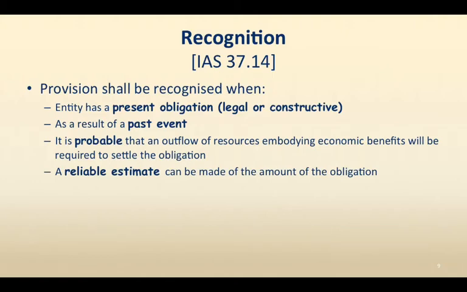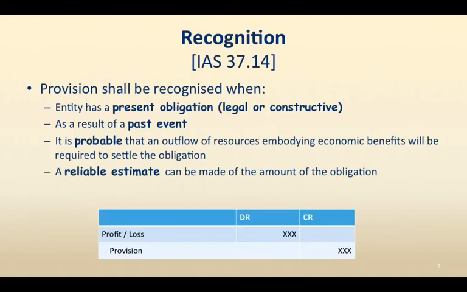It is probable that an outflow of resources embodying economic benefits will be required to settle the obligation, and a reliable estimate can be made of the amount of the obligation. Then, when you recognize it, the debit will be a profit or loss or an asset item, and the provision will be credited.